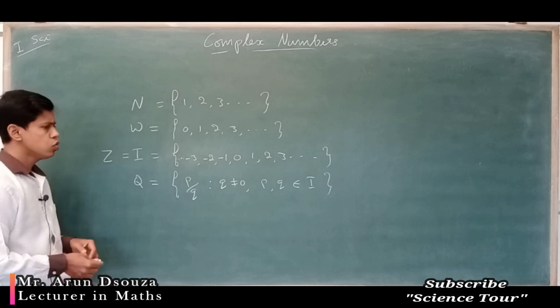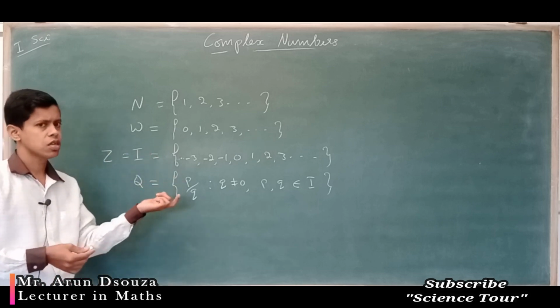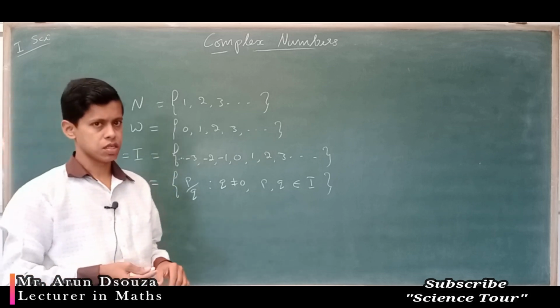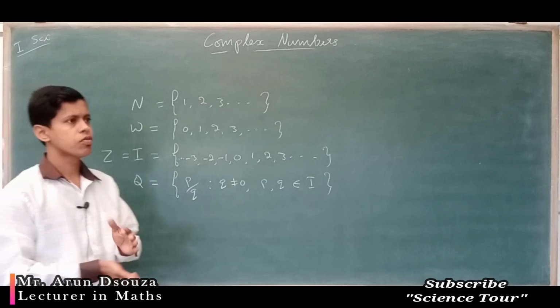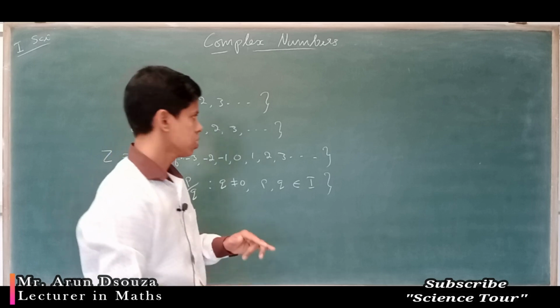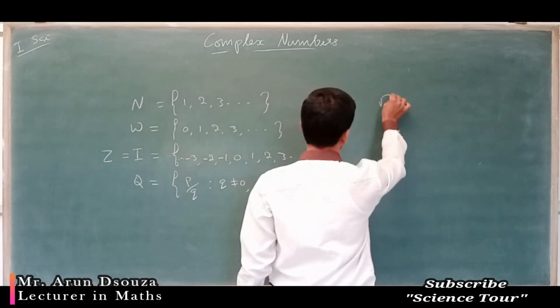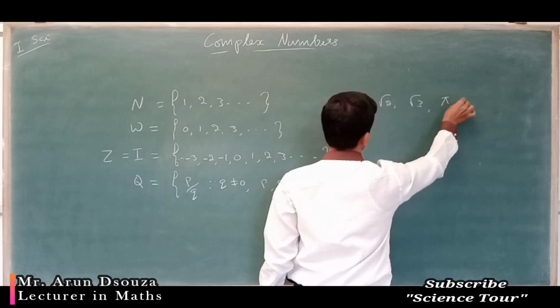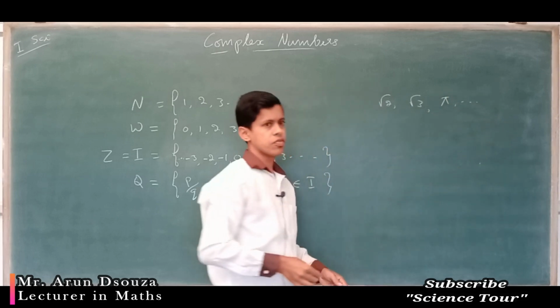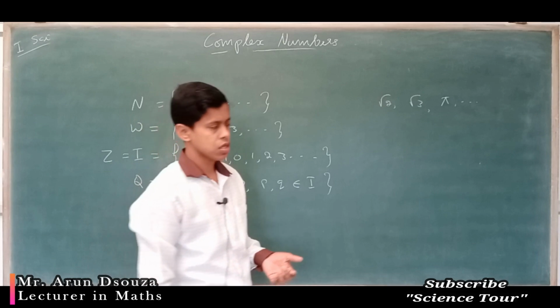Then if you have rational numbers, there must be irrational numbers, correct? What are a few examples of irrational numbers? For example, square root of 2, square root of 3, pi, and all those are referred to as irrational numbers. Why?